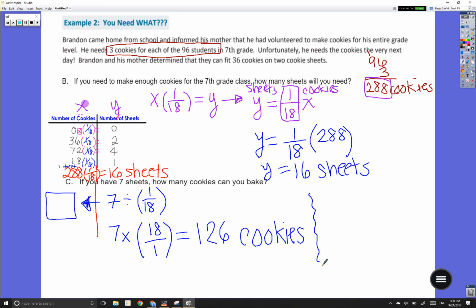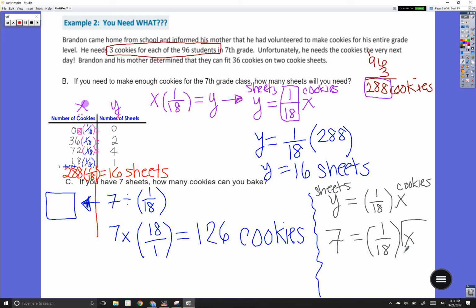The other way, which you'll also see me use in class, would be to use our equation. Y is equal to 1/18 multiplied by X. Y are our sheets, and X are our cookies. And so if I use this way, I know that 7 sheets has to go here, and now I have to figure out what this number is.